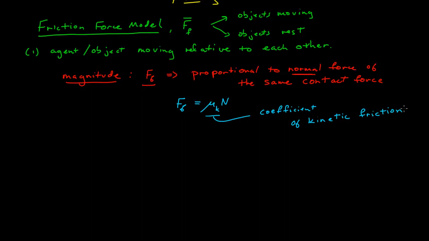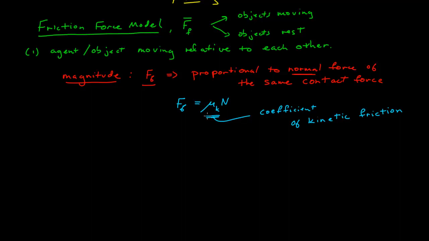And this coefficient depends on the surfaces. It can be approximately found for lots of different types of surfaces, but in the end, this is individual for every type of contact force.